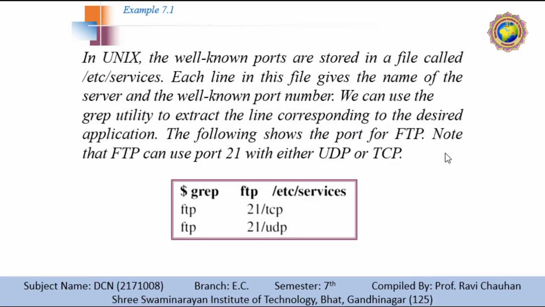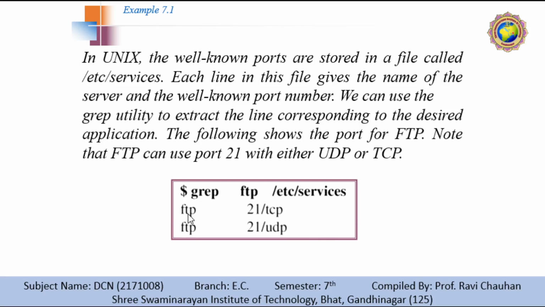Let's have an example. In Unix, well-known ports are stored in a file called /etc/services. Each line gives the name of the server and then the well-known port number. We can use the grep utility to extract the line corresponding to the desired application. The following shows the port for FTP.